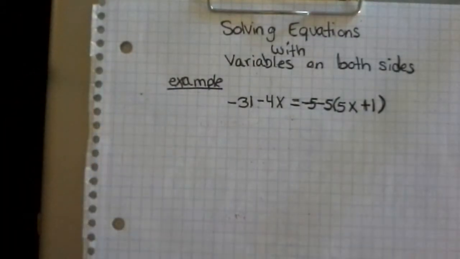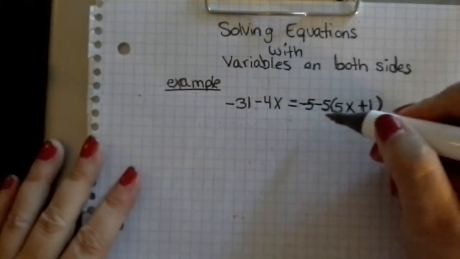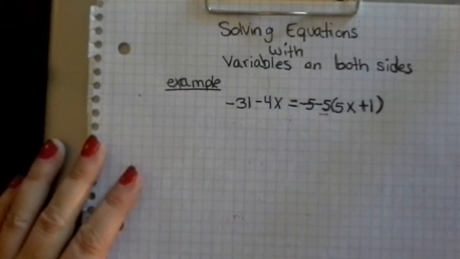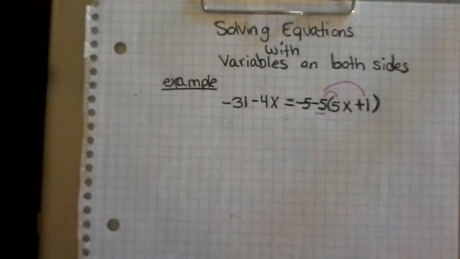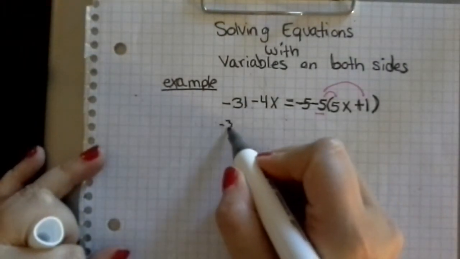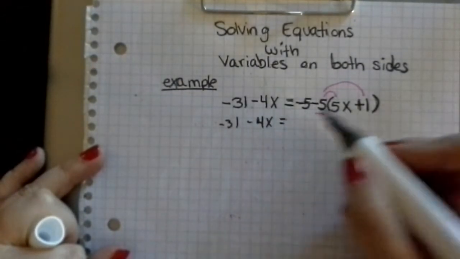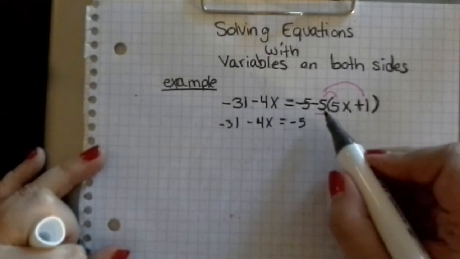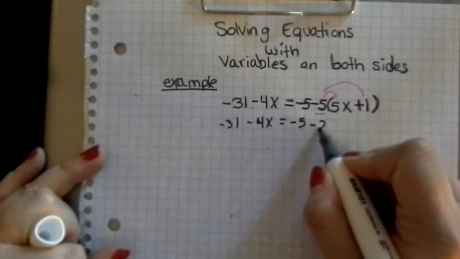So the first thing I'm going to do anytime I have parentheses is use the distributive property. So I'm going to go ahead and distribute my multiplier, which is negative 5, inside each one of my terms. And that will give me negative 31 minus 4x equals negative 5, and a negative 5 times a positive 5x is a negative 25x.